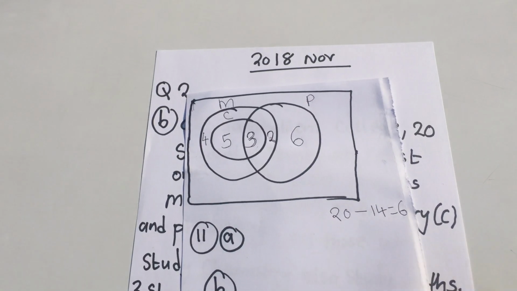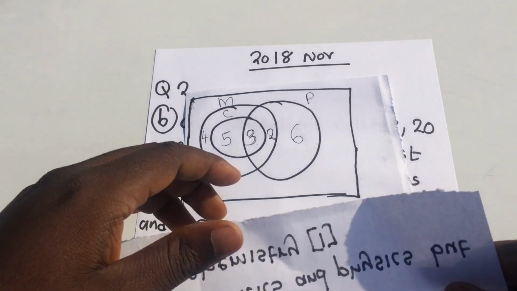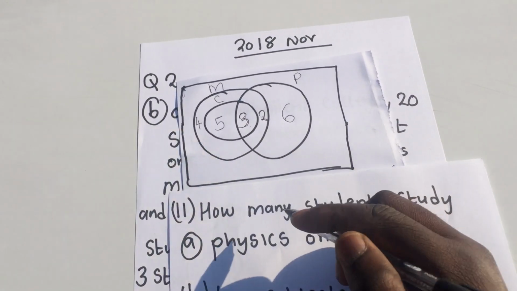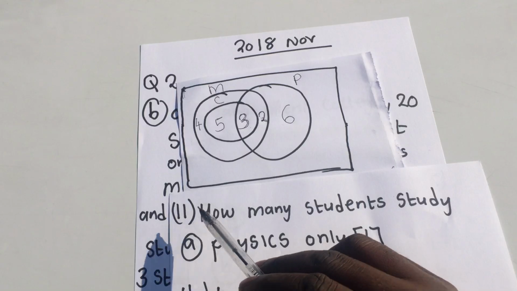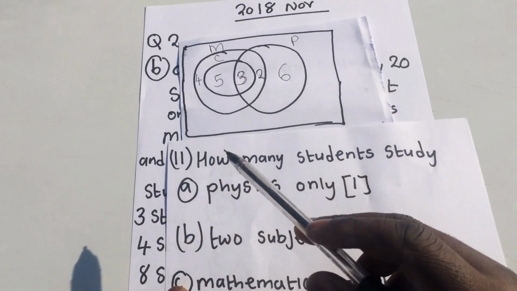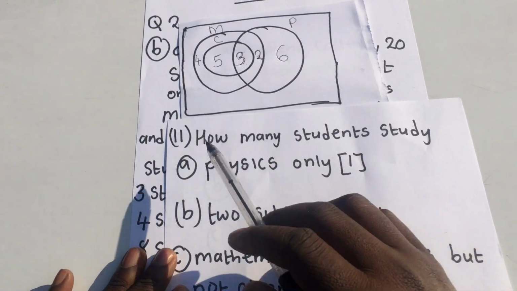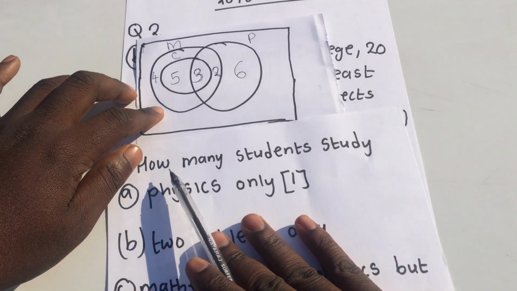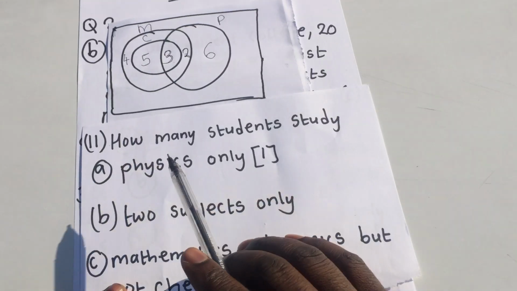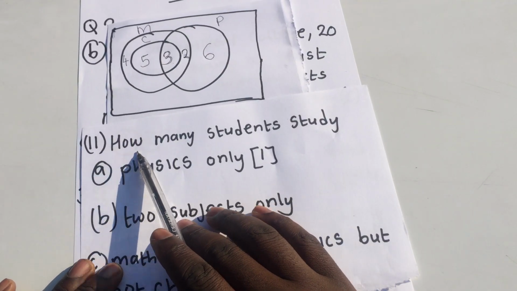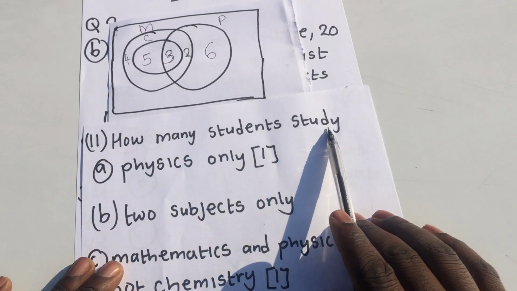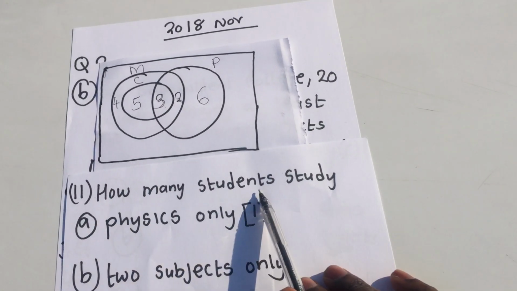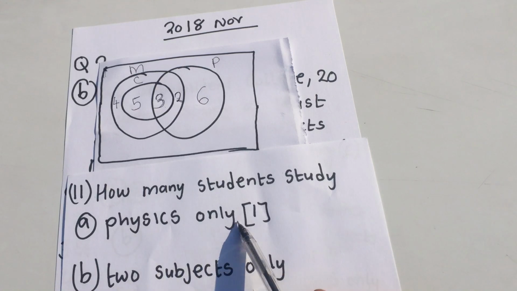Now we come to question B, which is question 2. Question 2 has got A, B, C. Question 2 reads as, how many students study physics only?